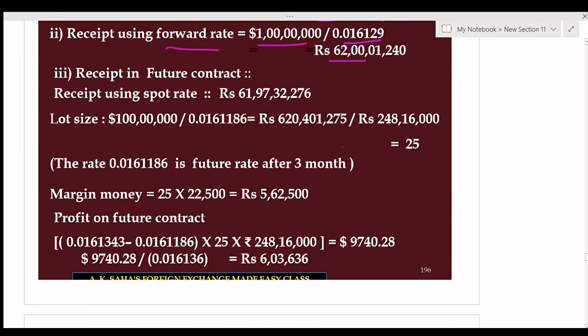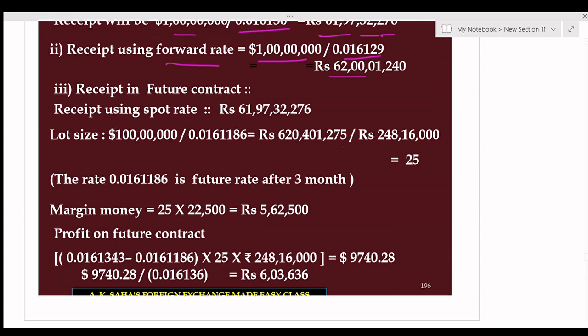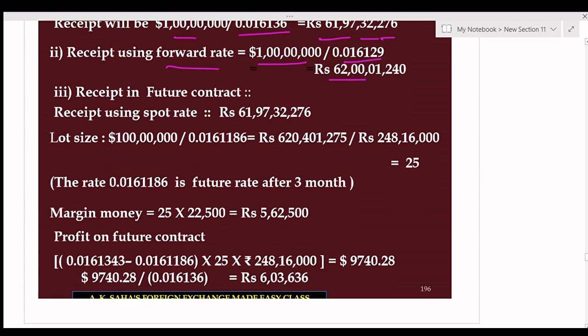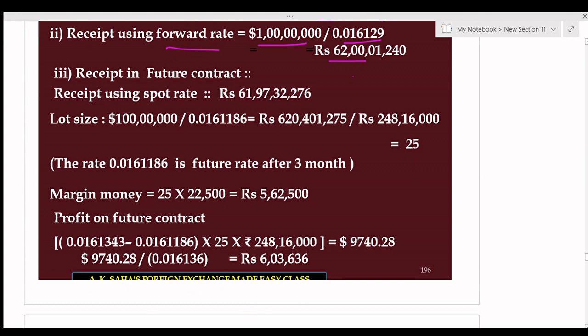Now comes the receipt in the future contract. Using the spot rate, I have already calculated 61 crore 97 lakh 32,276, so that is the first realization for the exporter.